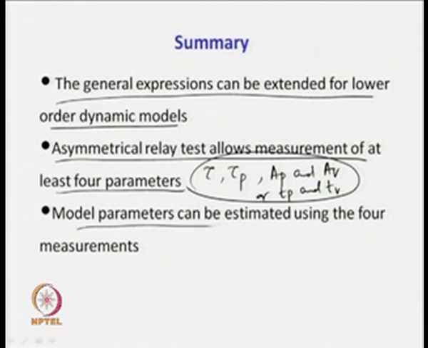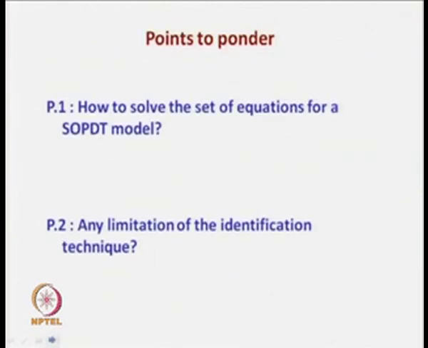So, the model parameters can be estimated using the 4 measurements; these 2 are a must, whereas you have to choose the expressions for A p and A v or T p and T v to find the 4 unknowns associated with the transfer function model.